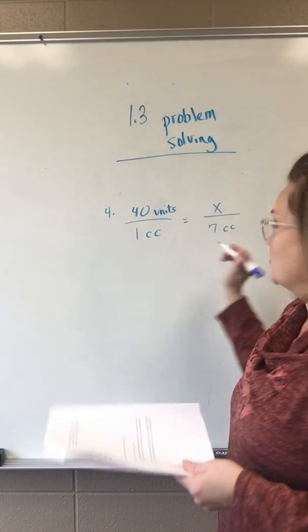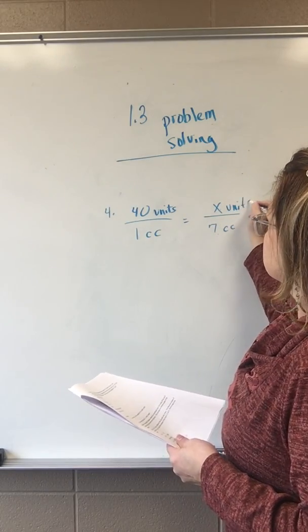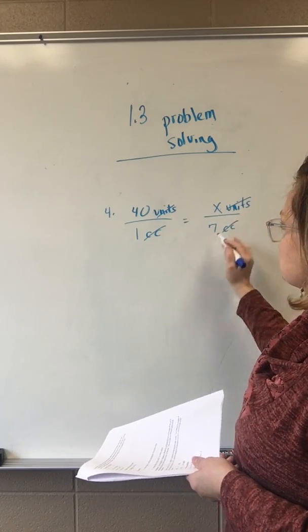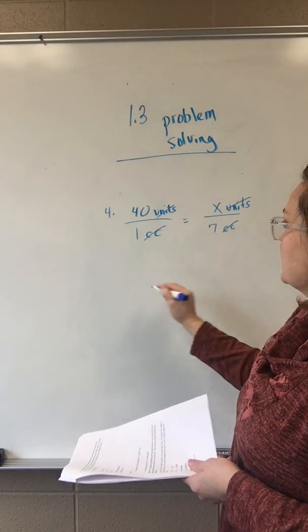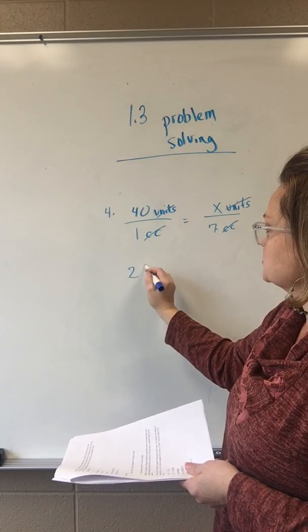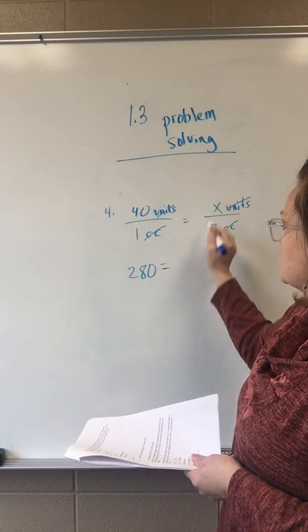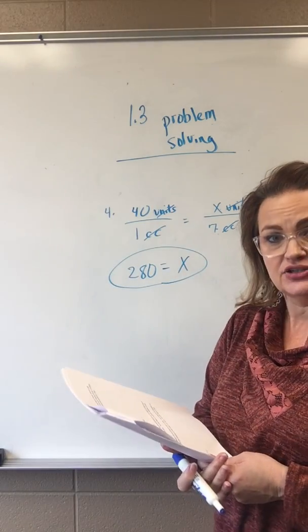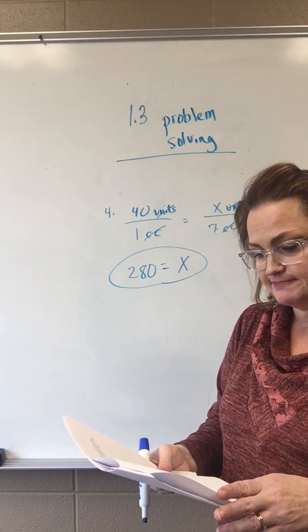So it left that part out instead. But that's okay, same idea. We've just got units over cc's, units over cc's, and then 40 times 7 is 280. 1 times x, 1x, so x is 280 units for that, 280 units.